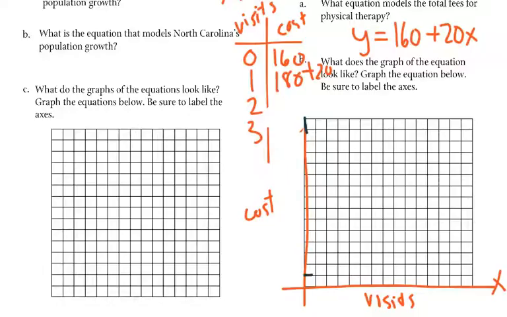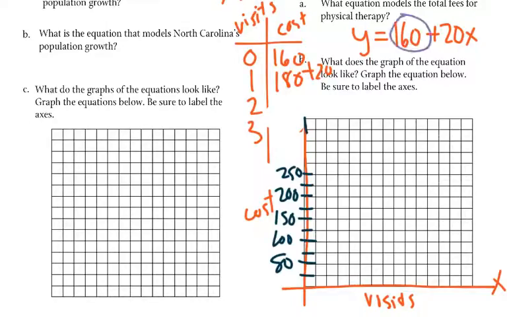If we go tens, 10, 20, 30, 40, 50, 60, 70, 80, 90, 100, 110, 120. See, that's not going to work quite. Let's go by 25s then. So 25, 50, 75, 100, 125, 150, 200, 250, and so on.